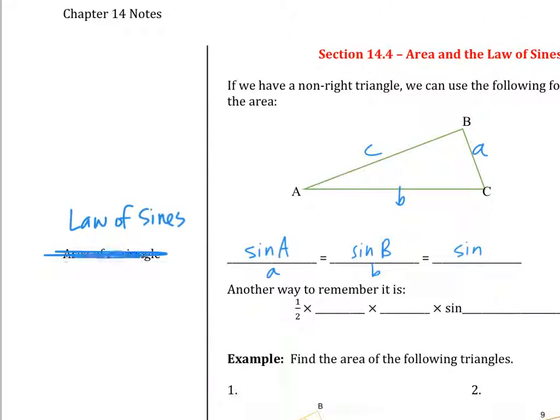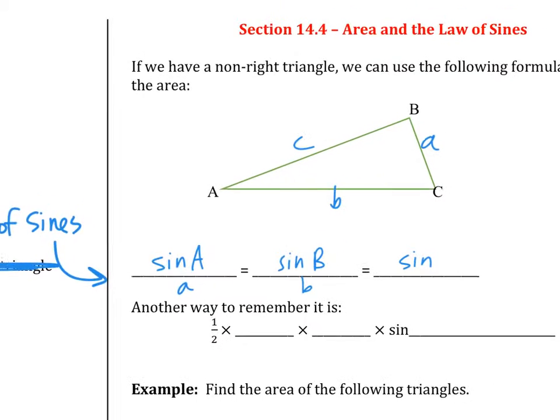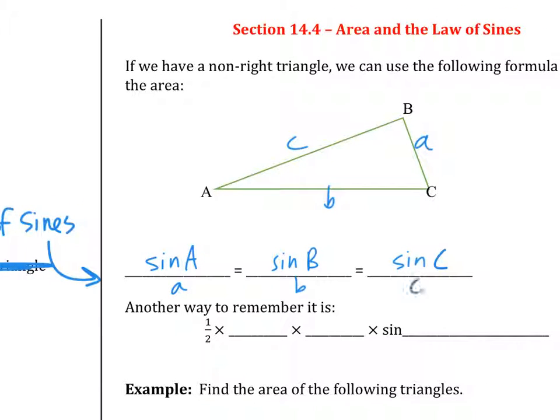I'm sorry, this is the law of sines. So sine A over a equals sine B over b equals sine C over c. So that ratio is consistent throughout the whole triangle. It works even on right triangles. You can always use it on any triangle.